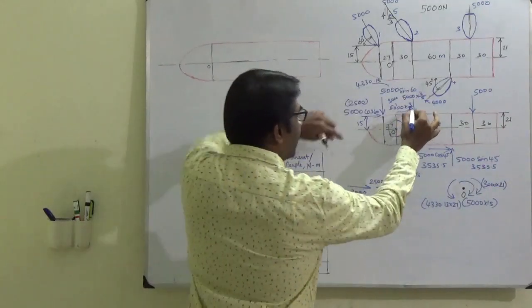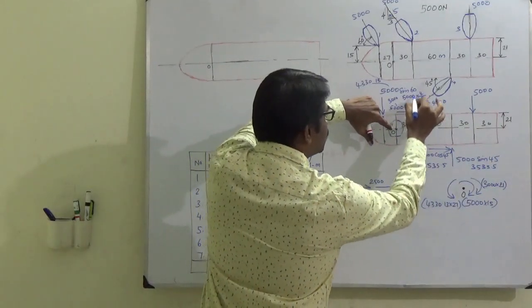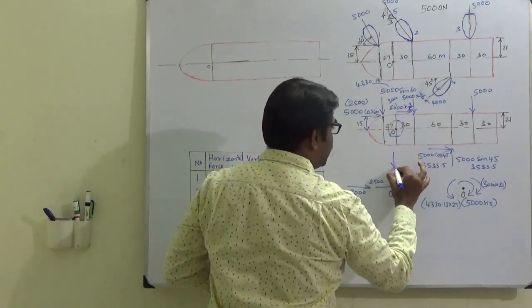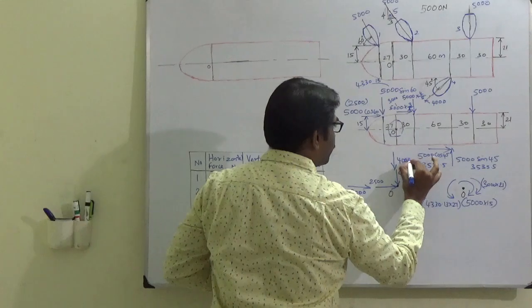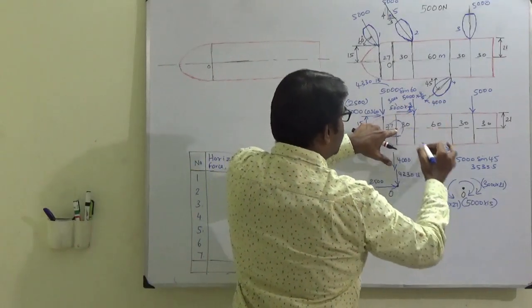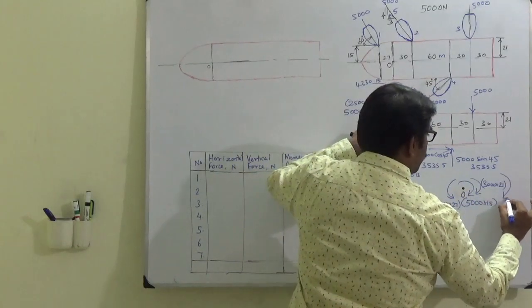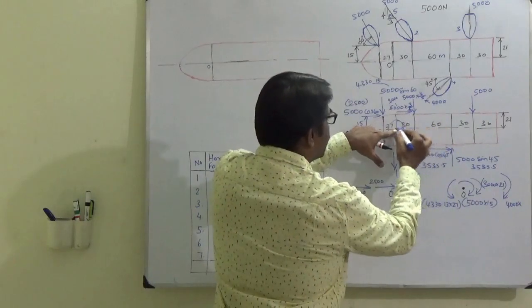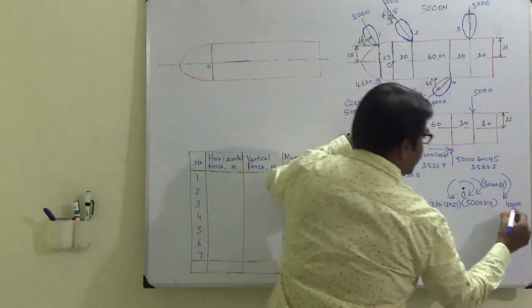Okay, and you see this force, it is 4000 Newton, it is vertically downward, and it will also produce a clockwise moment. So 4000 into the perpendicular distance, which is 30.